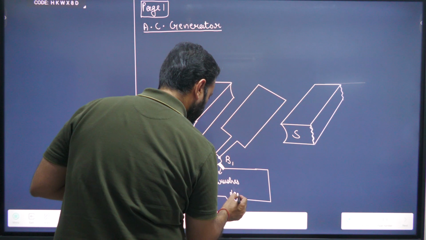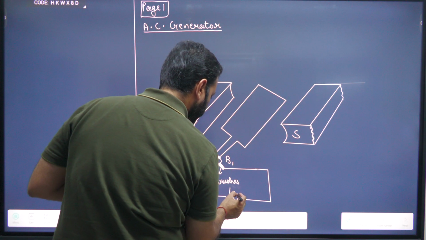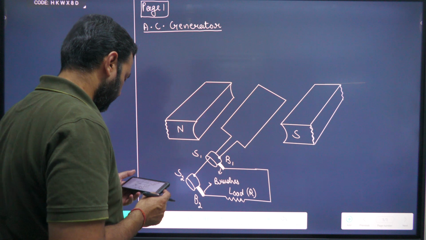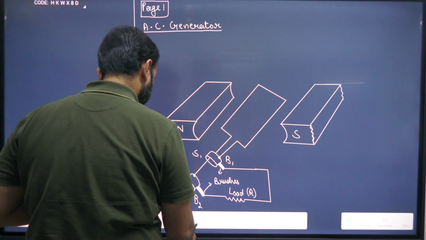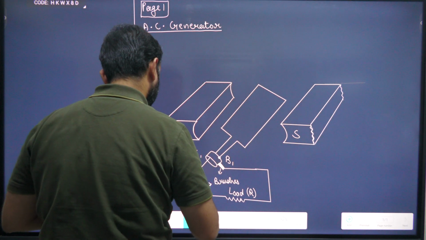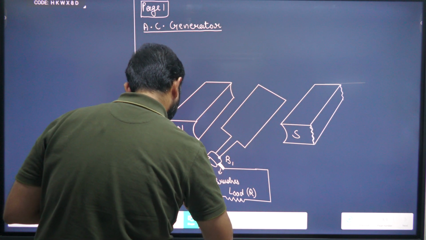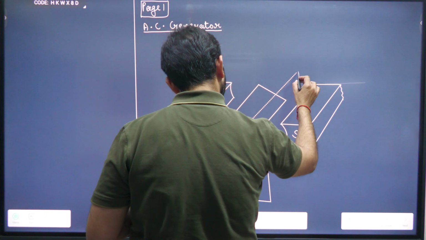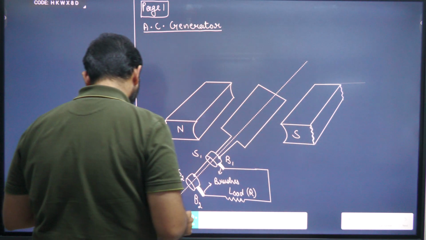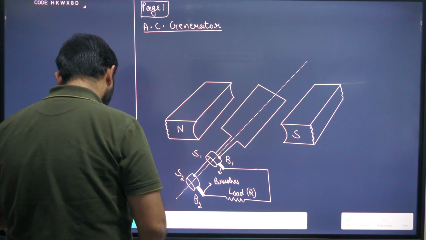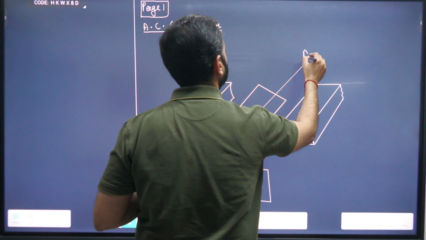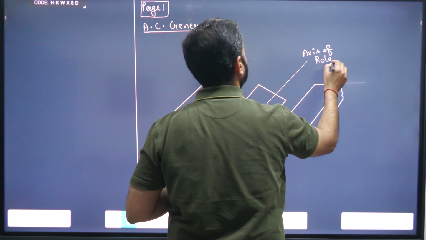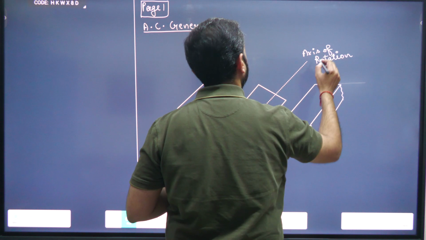This is the load resistance, LOAD, and R is the resistance of this load. Axis of rotation.